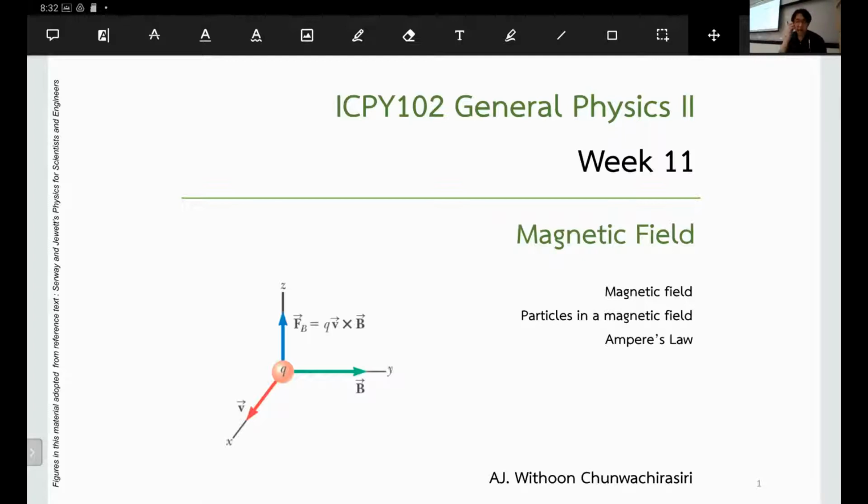So I have already decided that there will be only two problems that talk about magnetic field. What I'm going to talk about today will be the topics that are going to be included in the final. So you don't have to spend too much time studying the whole subject, just a portion of it in the final paper.